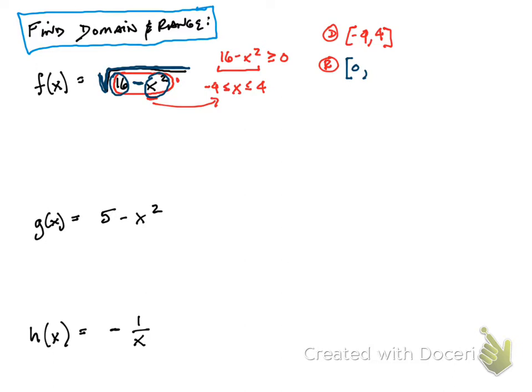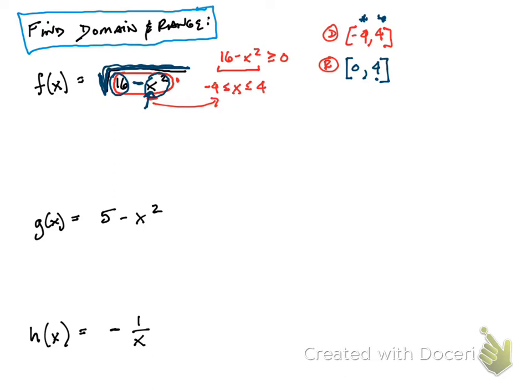As this x value increases, and again, we know that this x value can only go between -4 and 4, 16 minus x squared will decrease. And as that decreases, if we take the square root of it, that value is going to decrease. And so that should tell us that the maximum possible output is actually going to be 4, and that 4 would occur if x is 0.